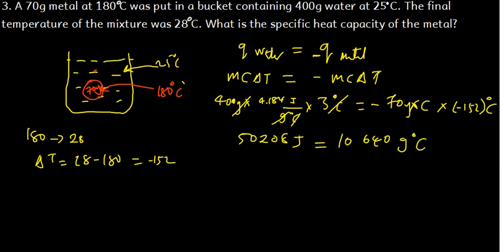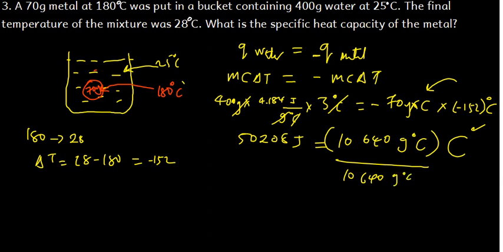So this is in grams and degrees Celsius, and then we have a specific heat capacity there. This grams is coming from the mass, this degrees Celsius is coming from the temperature, and then we have the C, which we've put there. So we're going to divide by 10,640 gram degrees Celsius on this side as well.